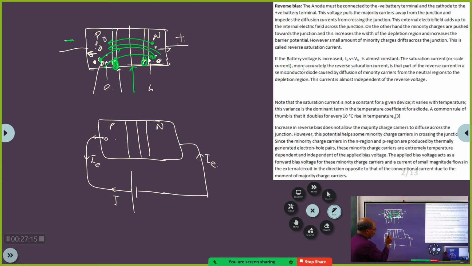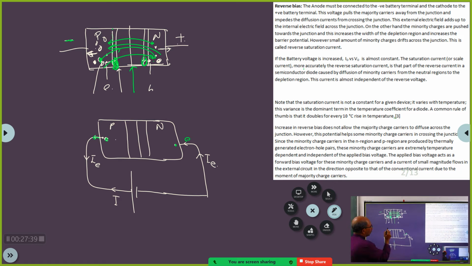That means you are going to create a hole. Got it? Yes, sir. And here you are injecting an electron. So you are injecting an electron and you are injecting a hole here. Do you agree? One electron comes out of this, one hole is created here, one electron enters this, one electron gets into the system. Correct?